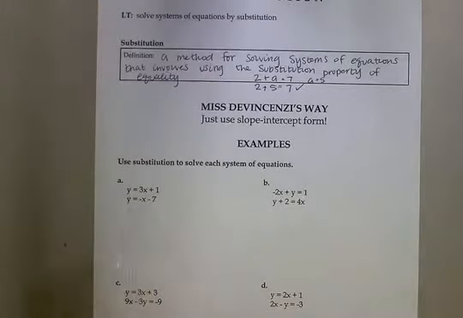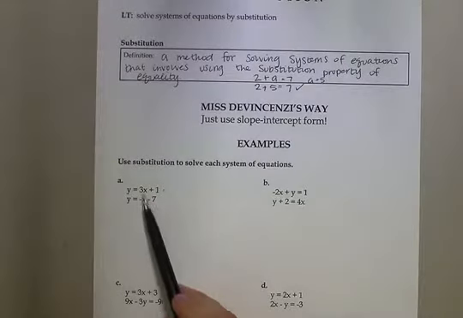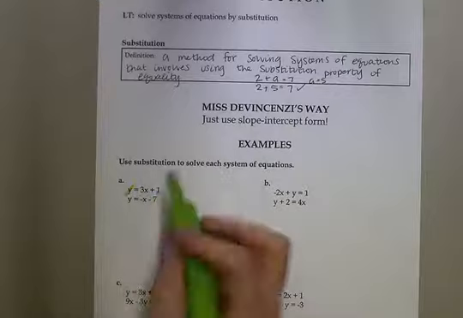Both of these equations in our system are already in slope-intercept form. We can see that they're not parallel since their slopes are not the same, and they're not the same line. So we know it's going to have one solution. This is how we're going to use substitution to find that one solution. We know that y is equal to this expression, and we know y is equal to this expression.